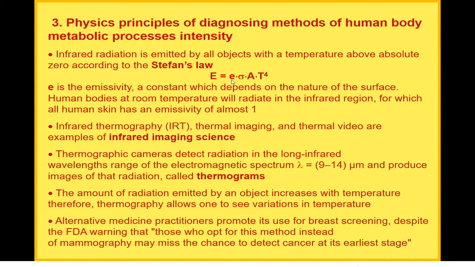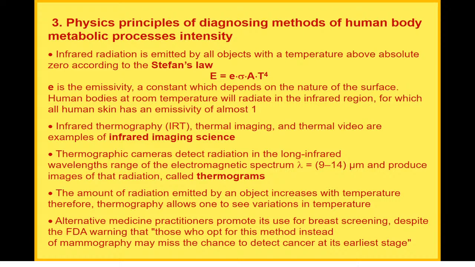Human bodies at room temperature will radiate in the infrared region, for which all human skin has an emissivity of almost 1. Infrared thermography, thermal imaging, and thermal video are examples of infrared imaging science.